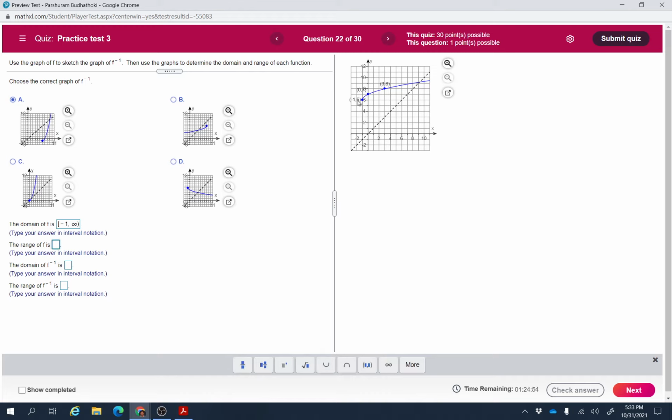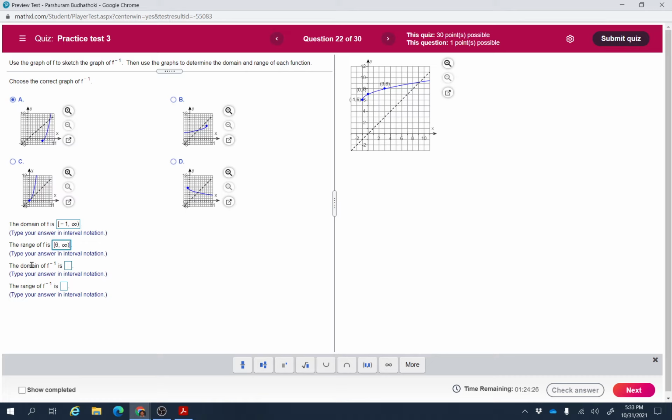The range means y values, from positive 6 up, there is no stop here, so you are going up. So the range of f is positive 6 to positive infinity.